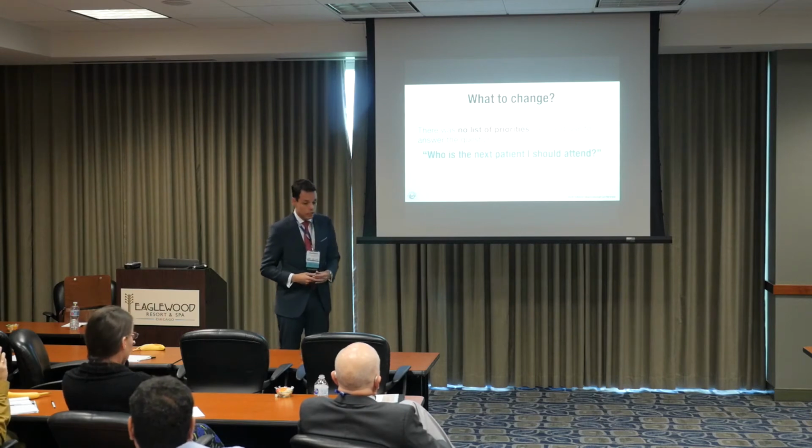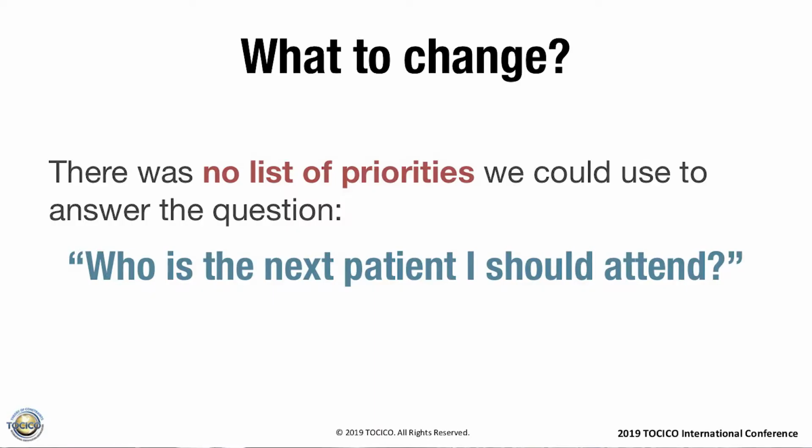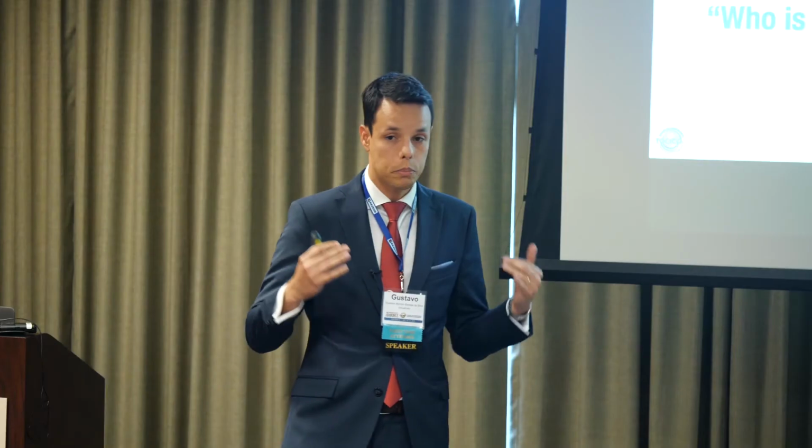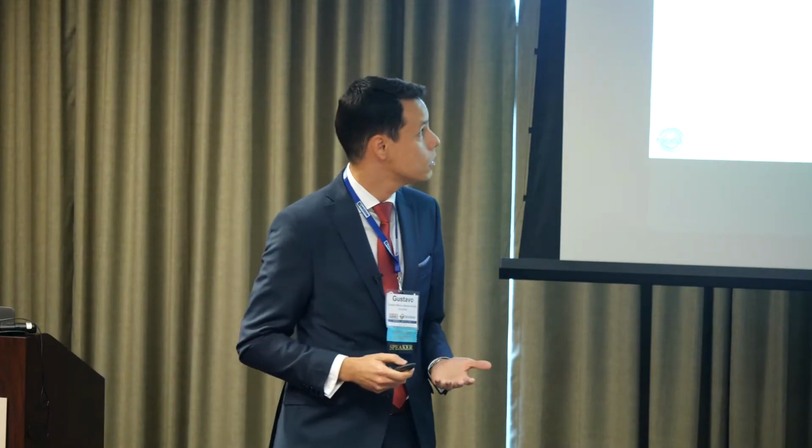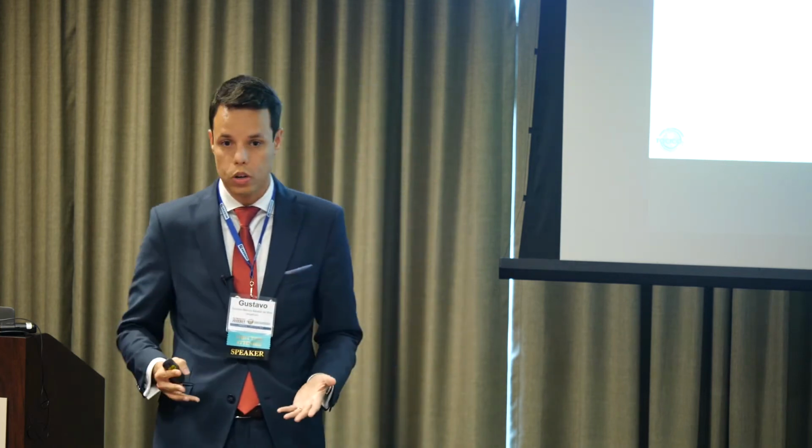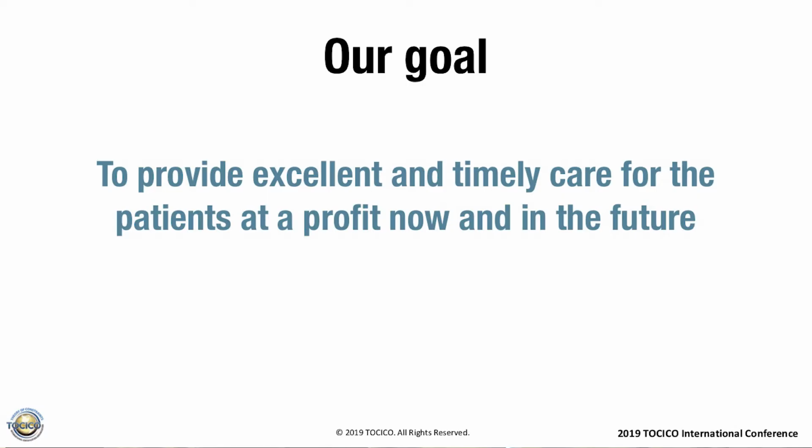And we didn't have a list of priorities. I didn't know who the next patient was. I needed to have an answer for that. I needed to answer who is the next patient I should attend to. So our goal was to provide an excellent and timely care for the patients and a surplus now and in the future.